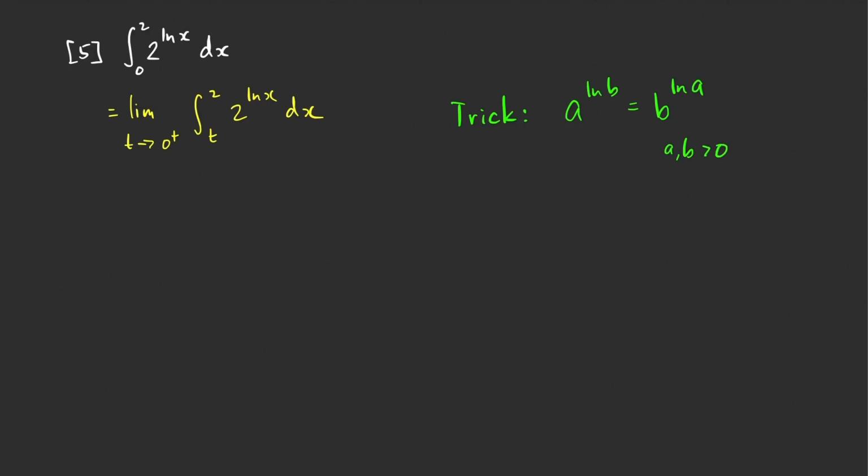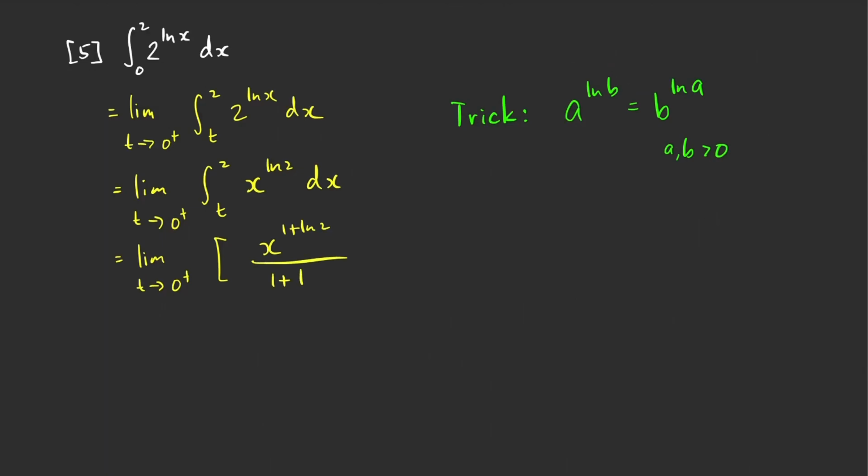This trick is actually true for any a, b greater than 0. So if we use that, we can write this as the limit as t goes to 0 from the right of the integral from t to 2 of x raised to ln 2 dx. Since ln 2 is a number that is not equal to negative 1, we can just use the ordinary power rule to evaluate that integral. We add 1 to the power, so you have x raised to 1 plus ln 2 all over the new power, 1 plus ln 2, evaluated from t to 2.